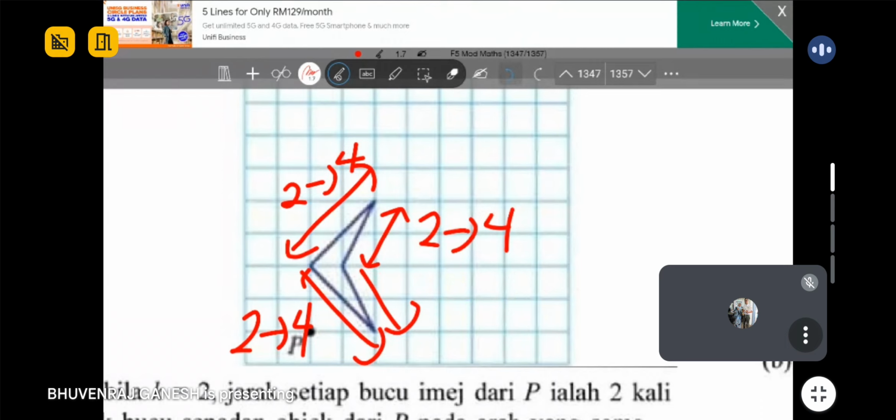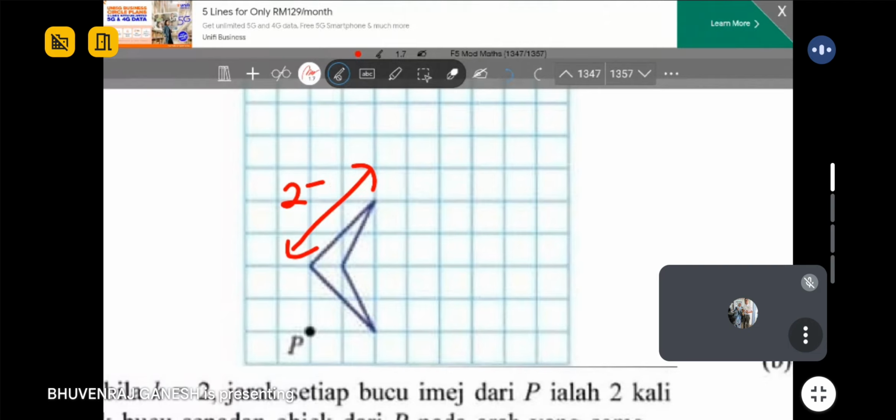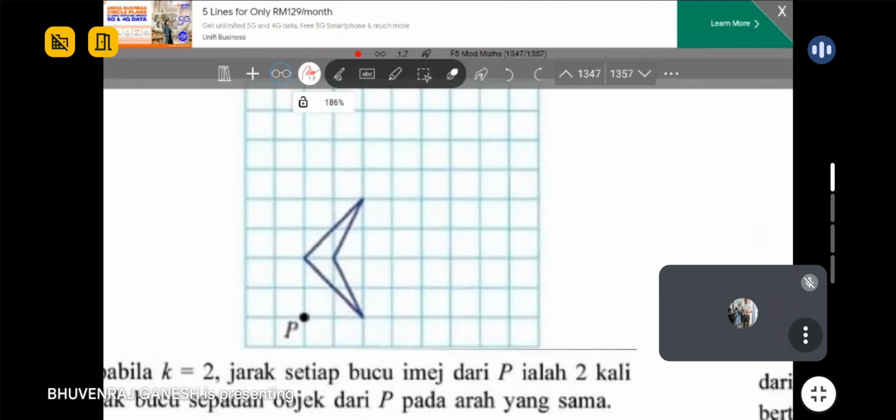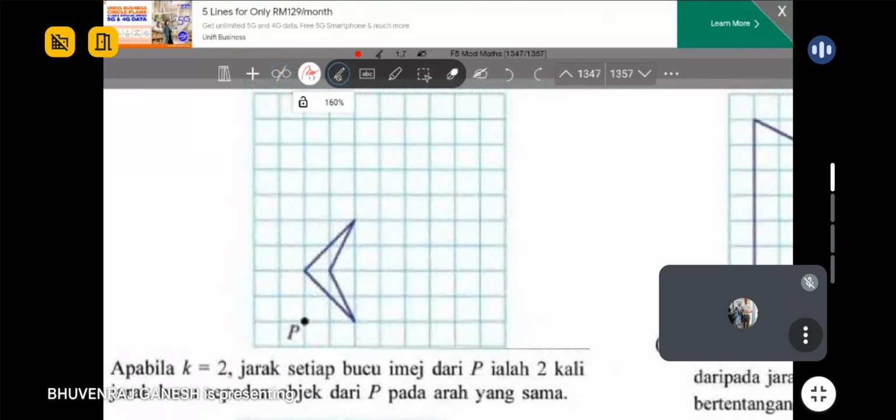Alright, so how to draw? Macam mana lukis? Just now, we draw from image and object, get center. Tapi sekarang, kita lukis pusat, object, kita nak dapat image. So basically, it's the same step. You draw the lines. You try to connect and see.